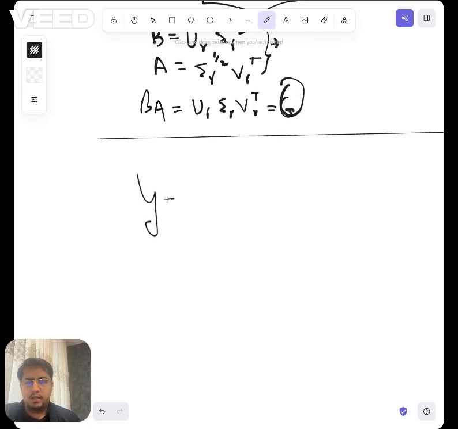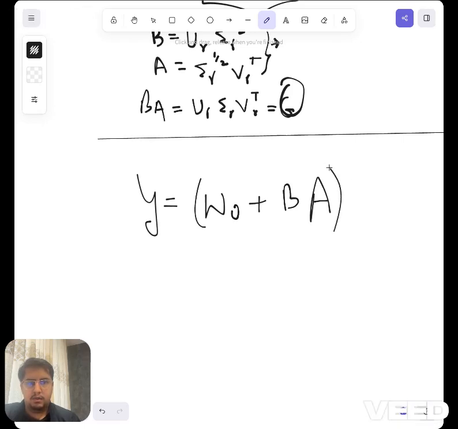Y is equal to W naught plus BA times x, assuming we didn't have a scaling factor here, which is what we are going to discuss in this section. So more precisely, what is the variance of the LoRA output BAx?